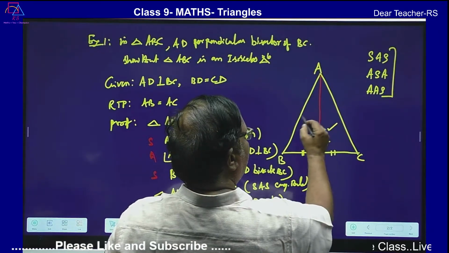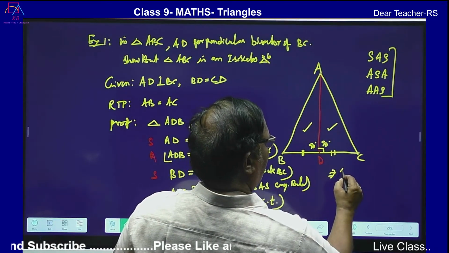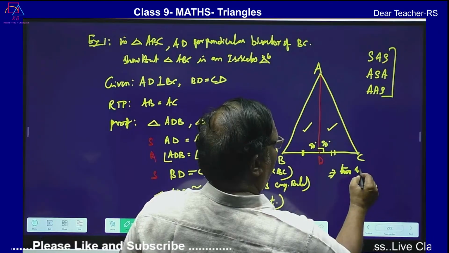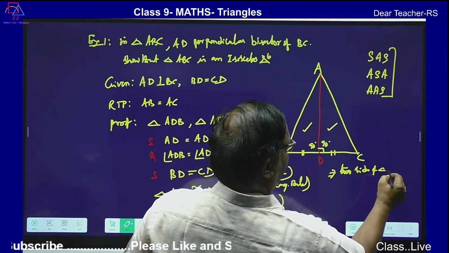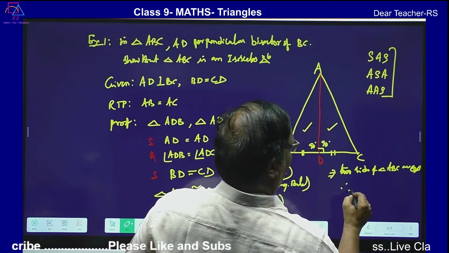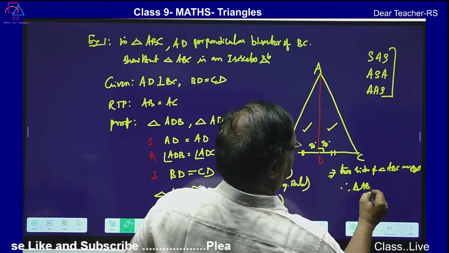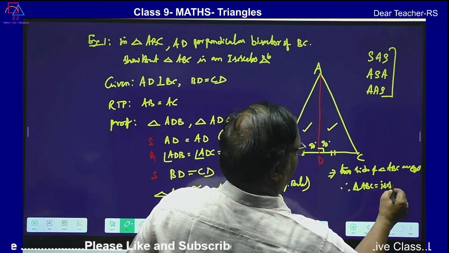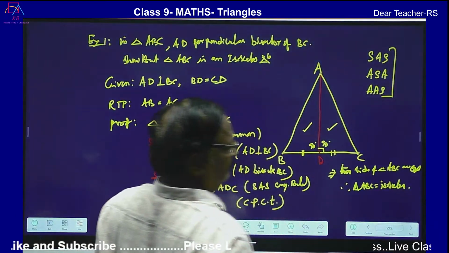That means two sides are equal. That implies two sides of triangle ABC are equal. Therefore, triangle ABC is an isosceles triangle. Okay?